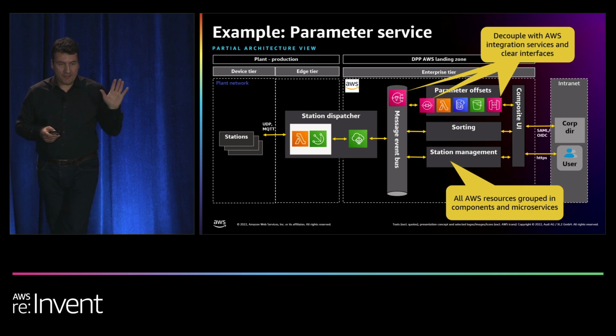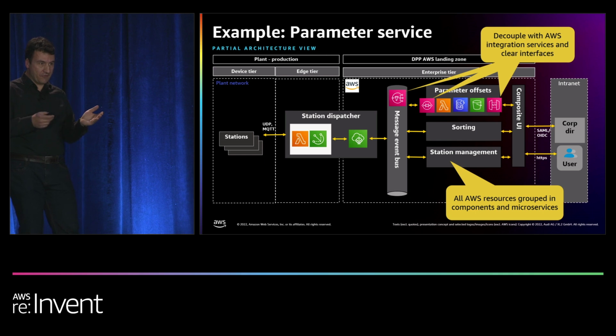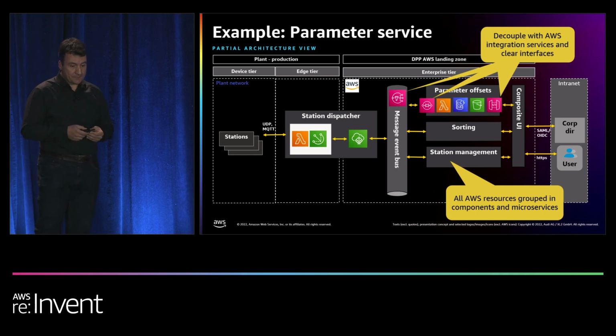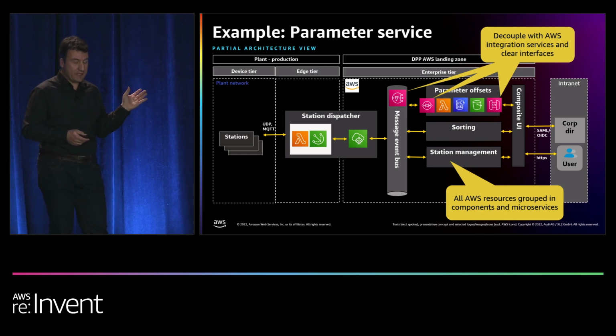For example, this parameter offsets microservice has a REST API that it provides to the composite UI for the services that are called synchronously by the UI. But it also has an SNS SQS interface to the event bus to talk to other microservices.